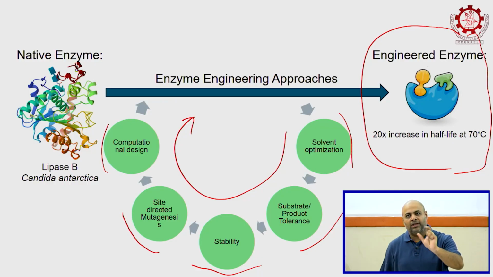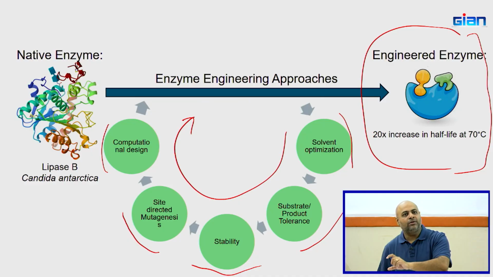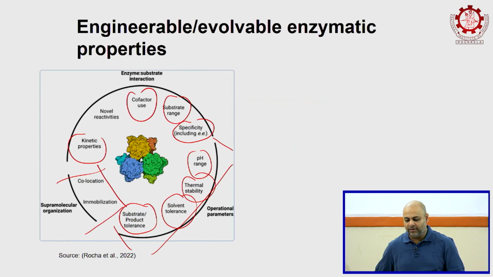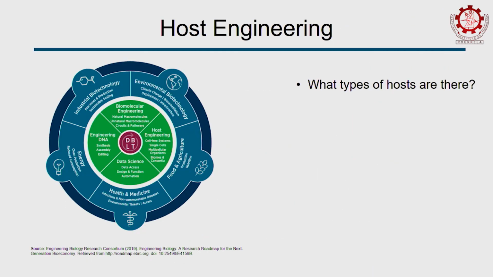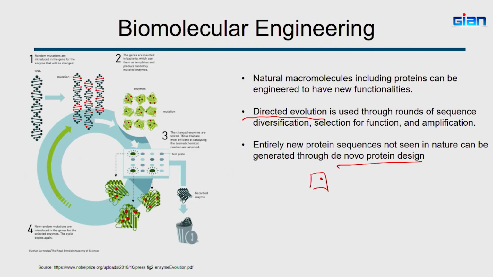We are using the same synthetic biology tools to make modifications towards enzymes. If we go back, I might change the slides here. Let me go back very quickly. When we were discussing biomolecular engineering, the example that you see here is of new random mutations being introduced in the genes for selected enzymes.